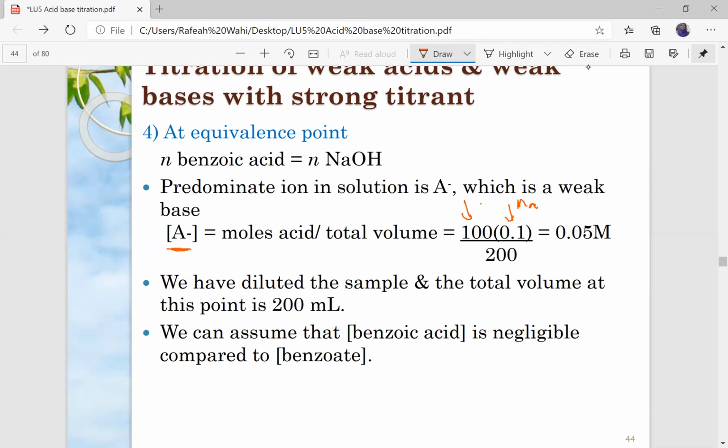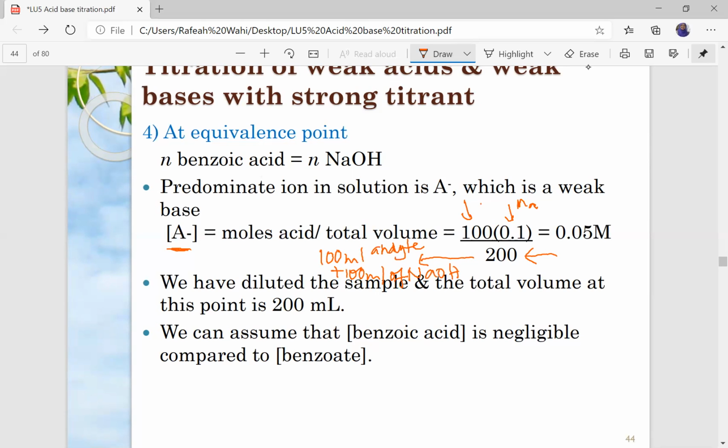Okay, and divided by total volume, which is 200. 200 comes from 100 ml of analyte. What is your analyte? Your analyte is the benzoic acid, plus 100 ml of NaOH, which is the titrant.